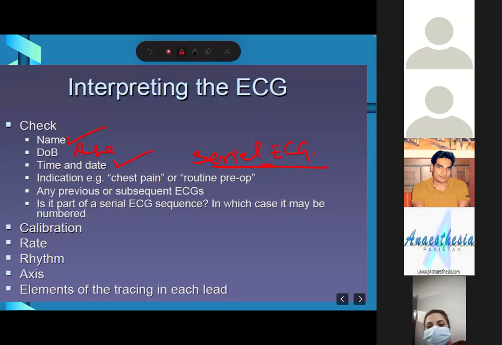Any previous or subsequent ECG is important, because we have to know the previous status of the heart, what changes were previously present and what new changes the person has. Then the important thing is calibration. We will discuss further the rate, rhythm, axis, and elements of the tracing in each lead.